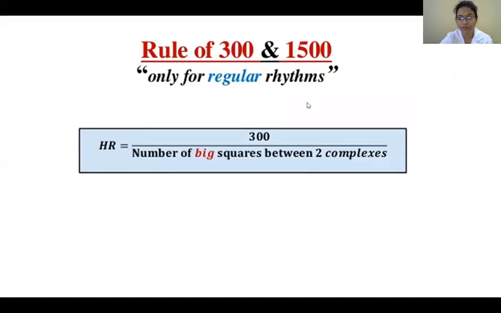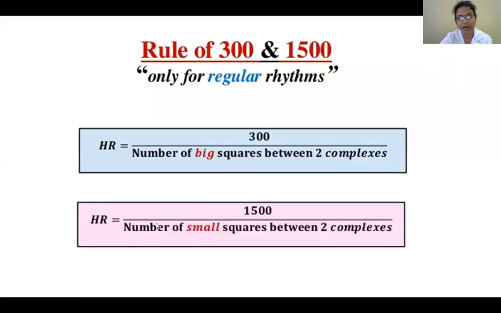And what is the rule of 1500? By the rule of 1500, heart rate is equal to 1500 divided by the number of small squares between two complexes, or in an RR interval. So you have to count those squares and then substitute in the denominator.